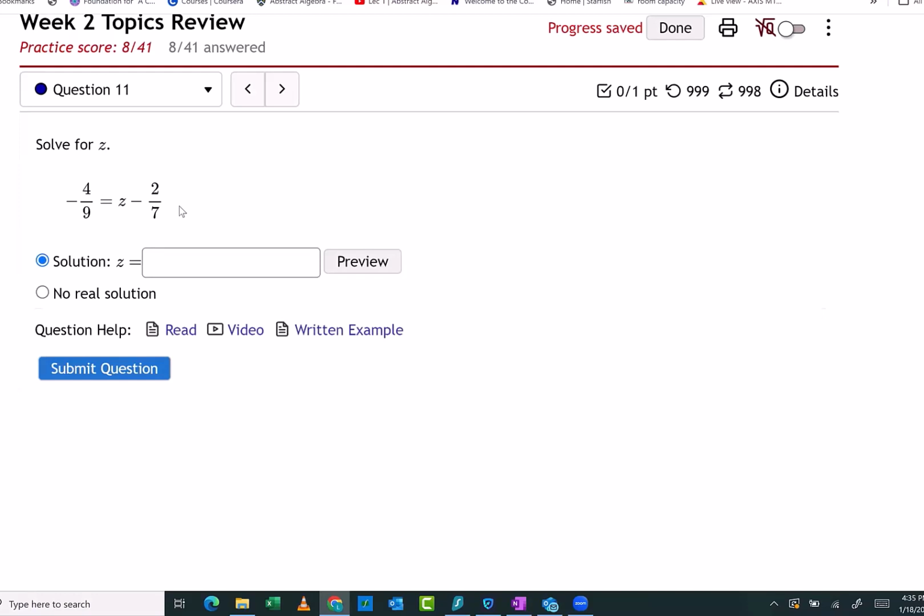Now we're solving and we have fractions. We do everything the same and we know how to add and subtract fractions. We start out with negative 4/9 equals z minus 2/7. Well, remember what I said? I want the z by itself because I want to know what z is equal to.